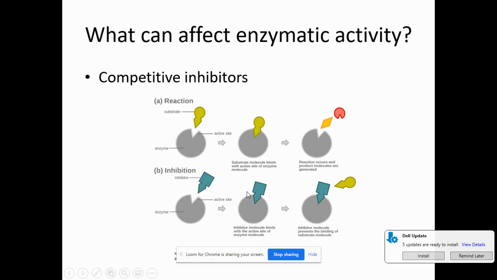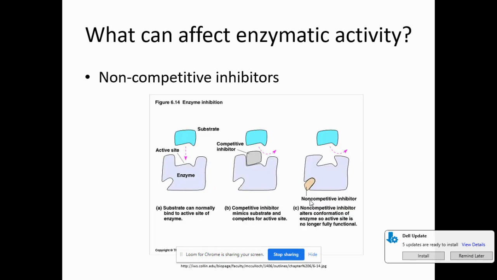And as long as that competitive inhibitor is bound to the enzyme's active site, the substrate can't bind to it. And so when the active site is taken up, then it's going to slow down enzymatic activity. So the competitive inhibitor competes with the substrate for the enzyme's active site, and this will slow down enzymatic activity.